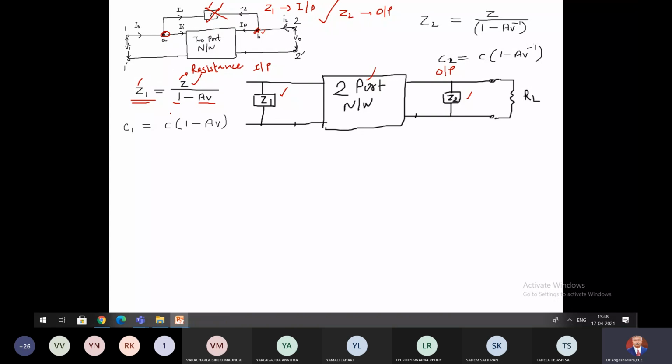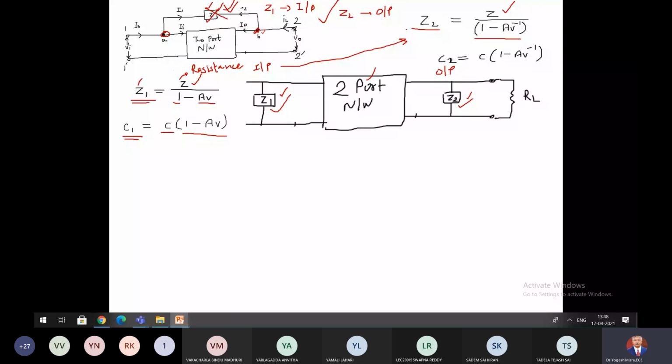But if Z is a capacitor, then in place of Z1 we can connect one capacitor C1, and its value will be C multiplied by 1 minus AV. In the same way for the output side Z2: if Z2 is a resistance, its value will be Z, the value in the original circuit, divided by 1 minus AV inverse, that is 1 minus the inverse of the voltage gain.